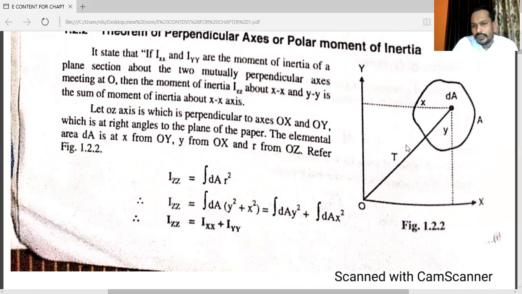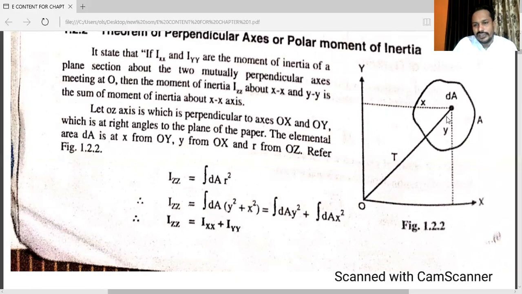See, already I told you this is a very important triangle. So here Izz, we know that integration of dA into R square, that is the distance. So Izz is equal to integration of dA in bracket R square, and R square is nothing but Y square plus X square. Already we told you about the Pythagoras theorem.